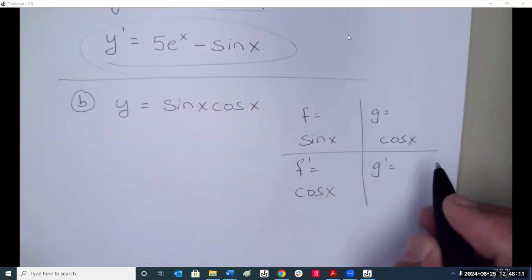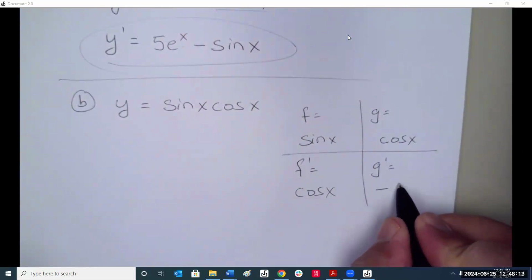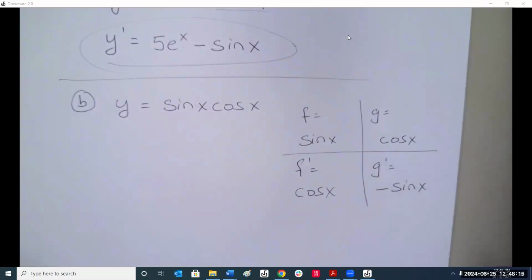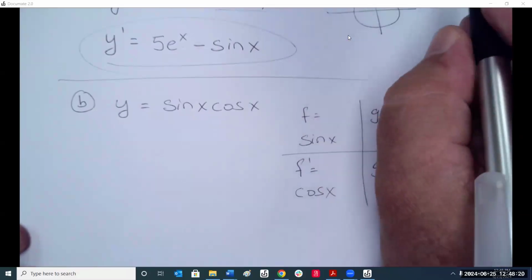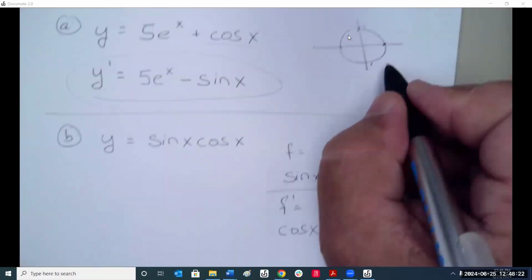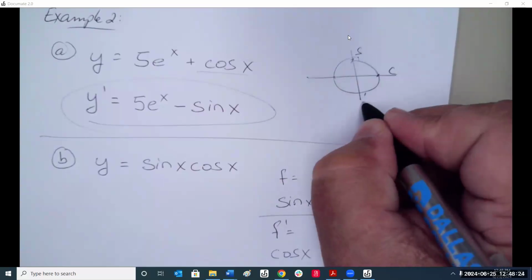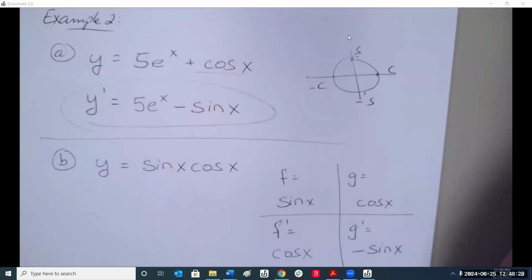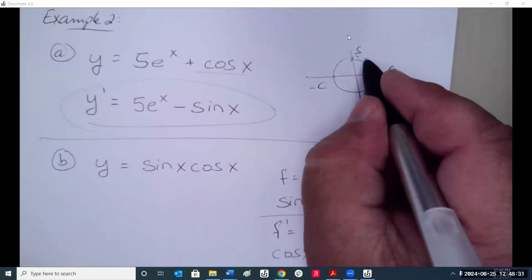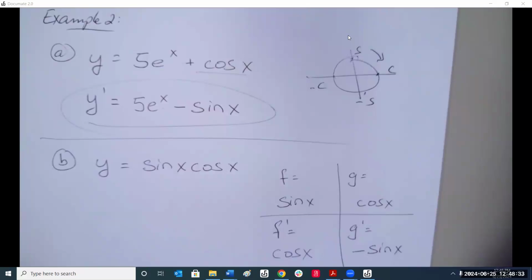Cosine x. Derivative of cosine? Negative sine x. Yes. That's why whenever you do trig identities, don't be ashamed to write that down. Sine, cosine, negative sine, negative cosine. It's just 5 seconds. It'll stop you from making mistakes, and you're going clockwise.